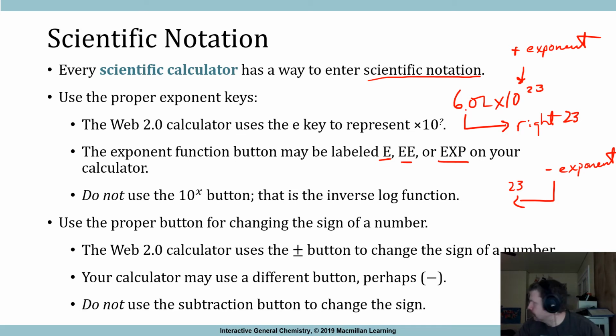Of course, if you're talking about a negative 3 exponent, then that's moving that many places. One last detail: do not use the subtraction button to change that sign, because then you're going to be changing what you're trying to enter into the calculator.